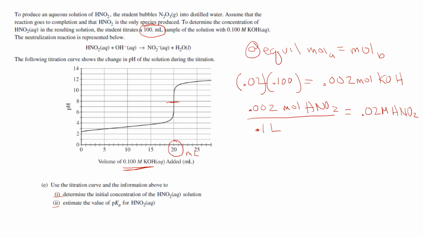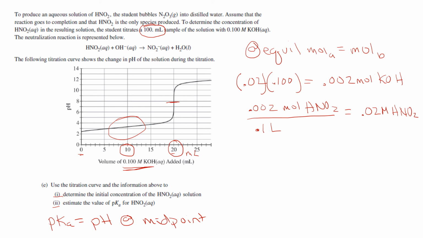Second part of the question, they want to estimate the value of the pKa. And I do know that my pKa is going to be equal to my pH at my midpoint. Okay, and my midpoint is going to be somewhere in this range. I know that this is at the equivalence point, this is at the start, so 10 is going to be my midpoint.